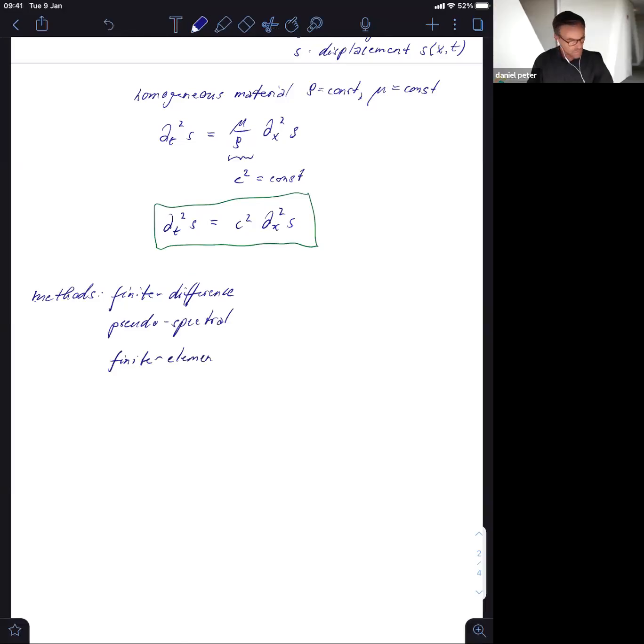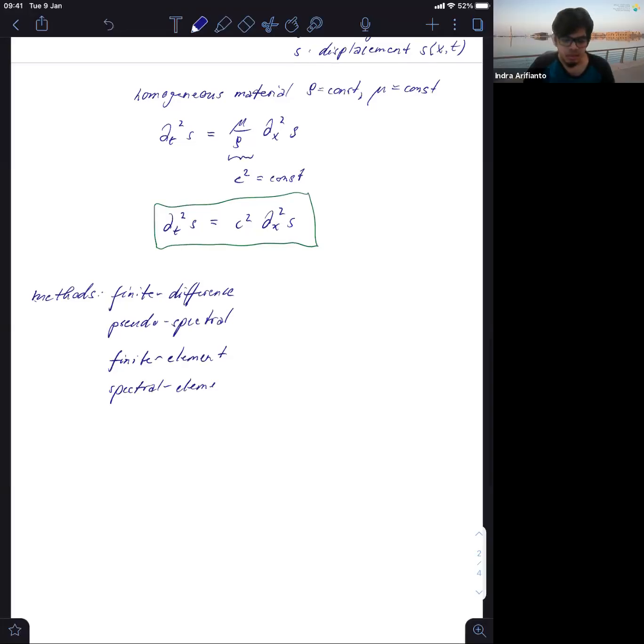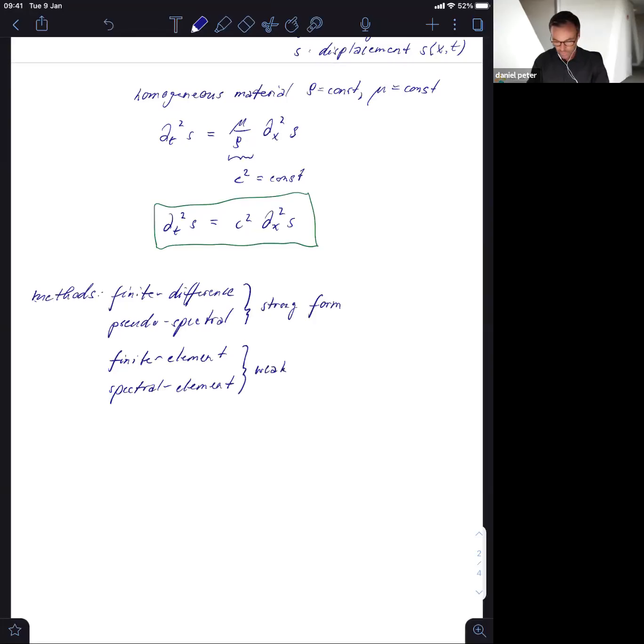And the most recent one, the spectral element, right? And so the main difference here between these four methods was that we used the strong form of the equation for finite difference and pseudospectral, and the weak form or the variational form for the finite element and spectral element.